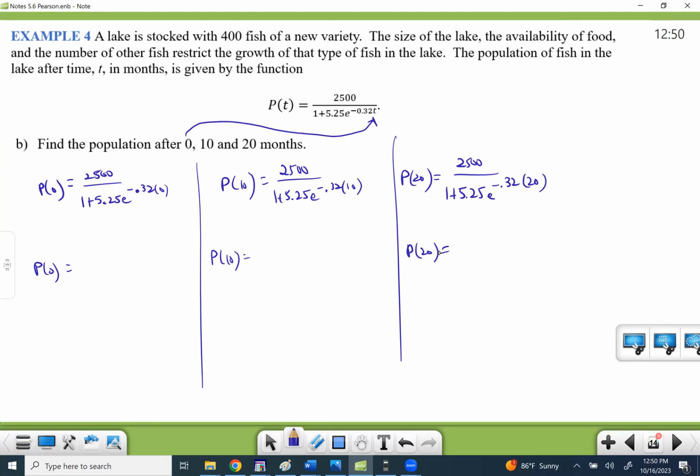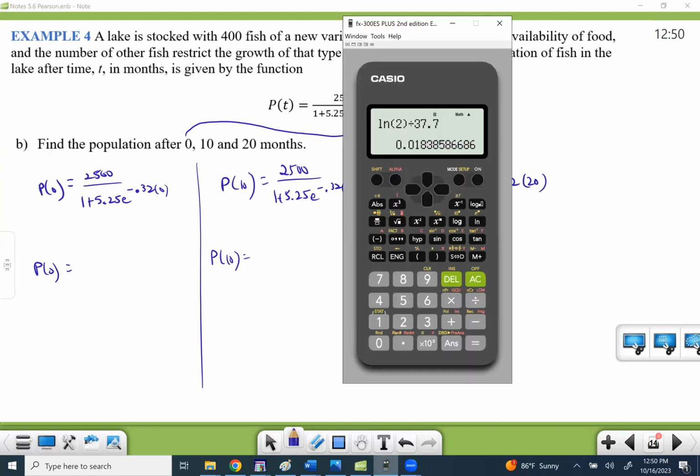Okay, let's substitute these in one of them. All right, we got 2,500 divided by parentheses 1 plus 5.25, and then e to the negative 0.32 times 0, close parentheses.